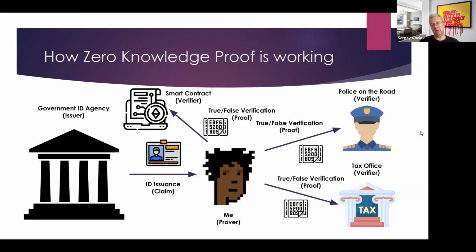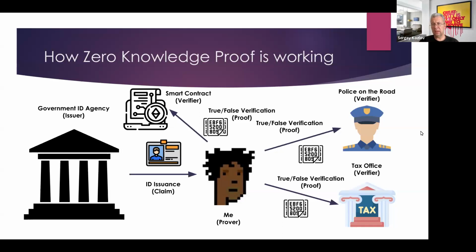And in this architecture, there is no exchange of information between the policeman and the government ID agency. If we issue this proof, it means that we are the only person who decides if we want to issue this proof or not. Maybe we will say, no, we don't want to provide you any proof, and it will be our decision and our responsibility.